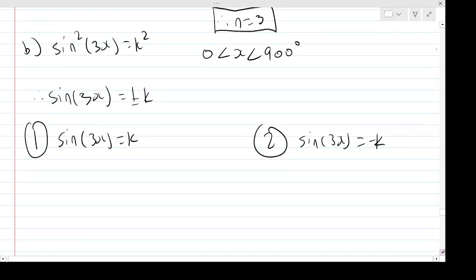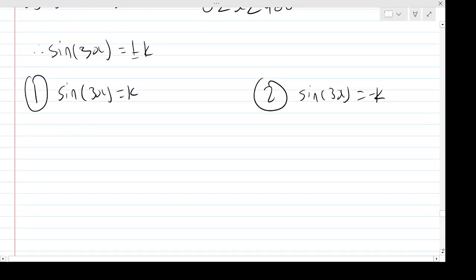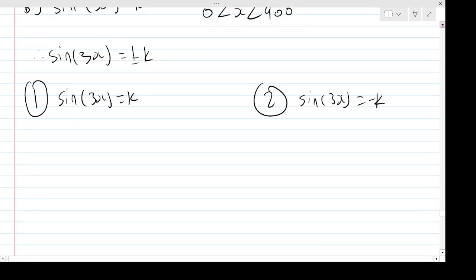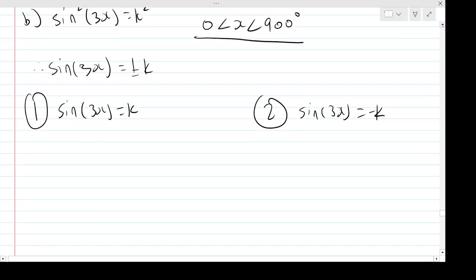Right, so let's proceed with doing that then. So again, if our interval is between 0 and 900 for x, we need to scale that for 3x, don't we? As always, if our input's different, we need to adjust that interval.